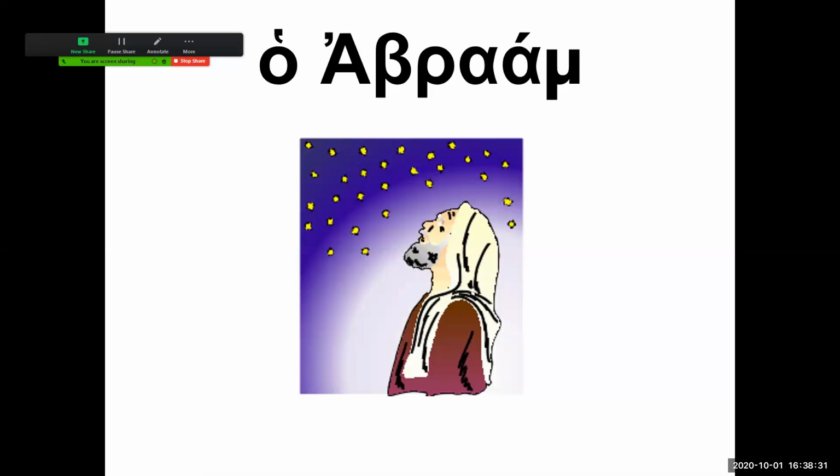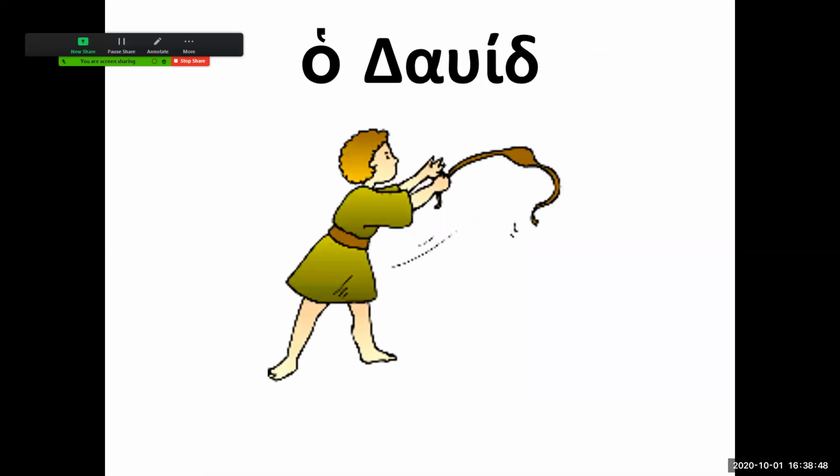Abraham. Notice the accent on the last syllable. Abraham. You won't have any problem guessing who this is. And in the vocabulary list, I'm just going down the list. This is Ho David. Notice that the uppercase delta is one letter that we don't see as often as the others.